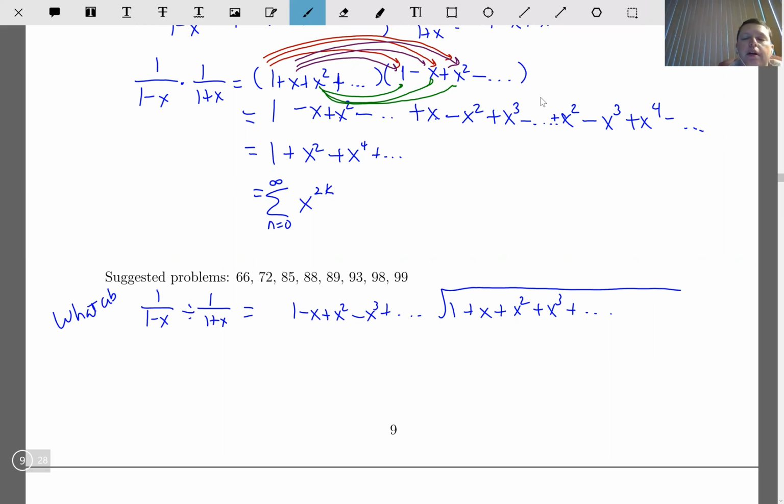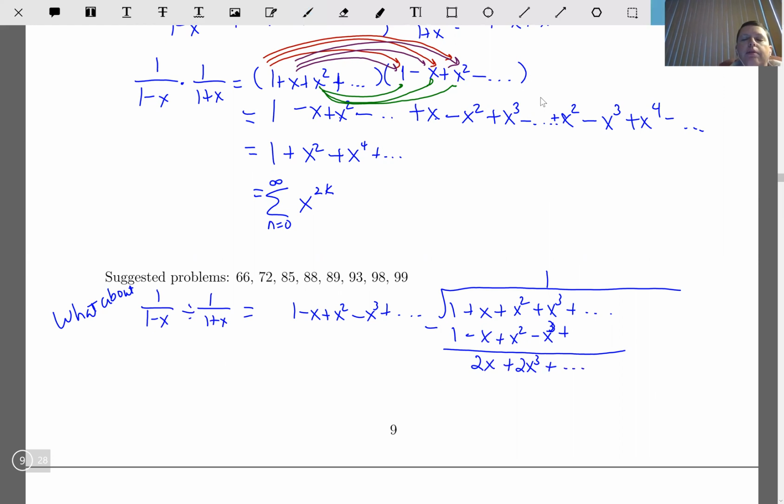So what about that? You know how this would go. I would have a 1, and then this would be 1 minus x plus x squared minus x cubed plus dot dot dot. And then you subtract those. So I would get 2x plus 0x squared plus 2x cubed plus dot dot dot. Bear with me here.